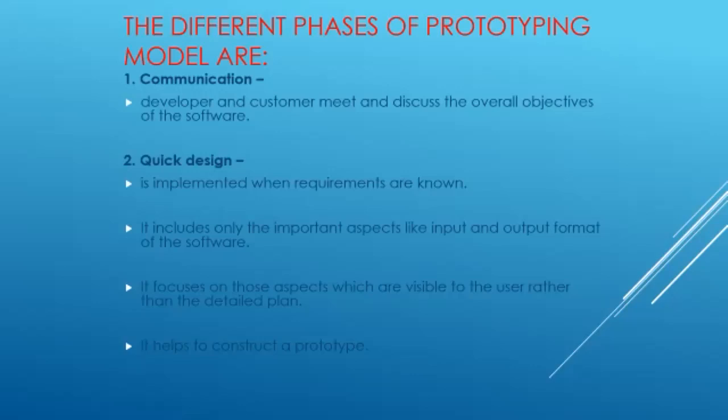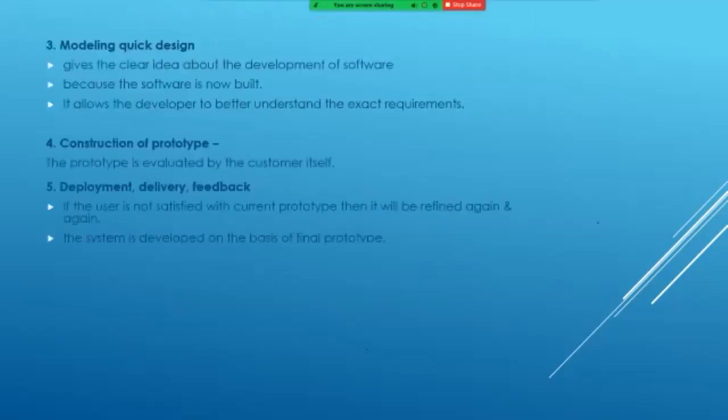It helps to construct the prototype. In the third phase, that is modeling, quick design, it gives a clear idea about the development of software because the software is now built. It allows the developer to better understand the exact requirements.